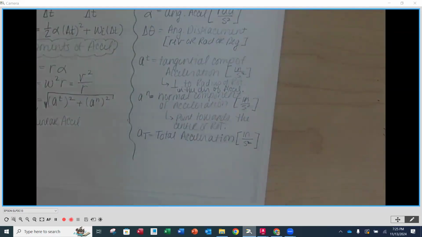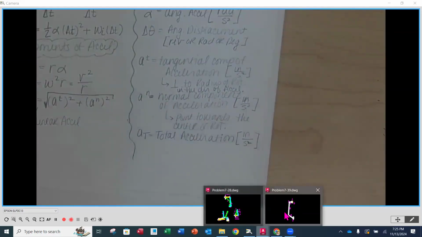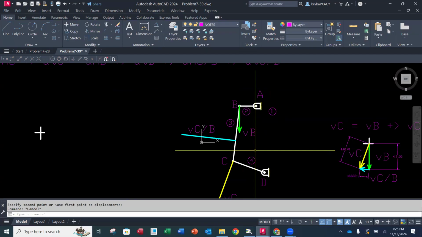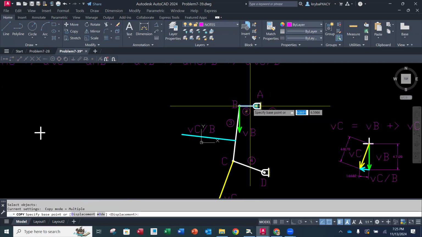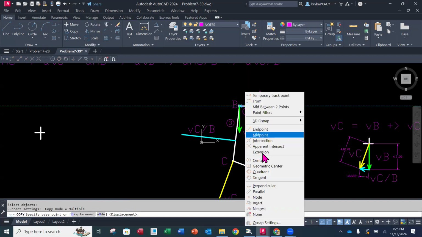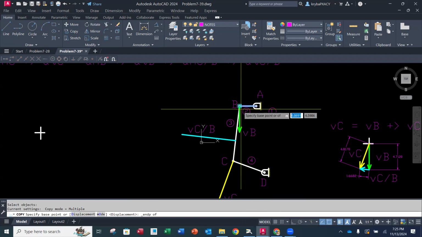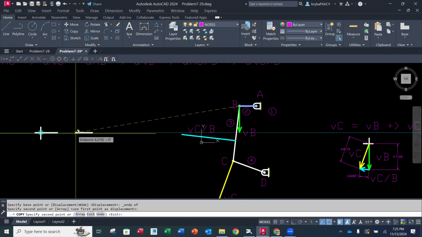So along whatever link that they're on. So what that gives us the opportunity to do in CAD is I can simply copy, well, this one's pretty easy because it's a horizontal line. I can simply copy that link and point, and I'm going to put it at the origin right there.